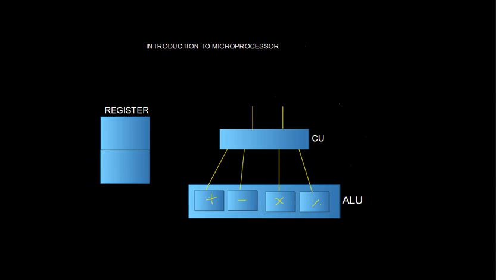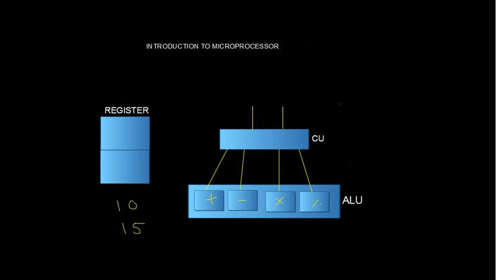Now you have two operands, suppose 10, 15, whatever it may be, any number. These are called operands because the operation is done on these things. Now some operation has to be performed on these two operands.